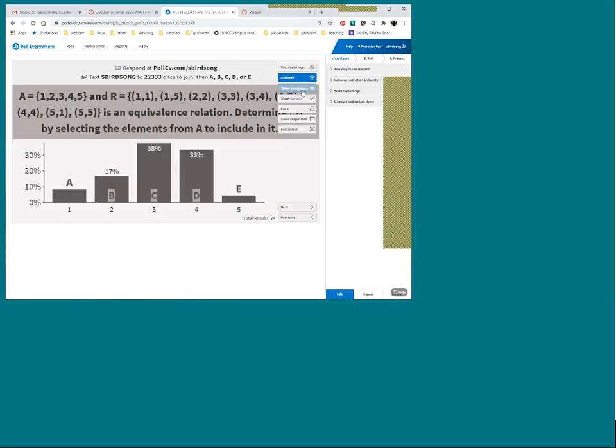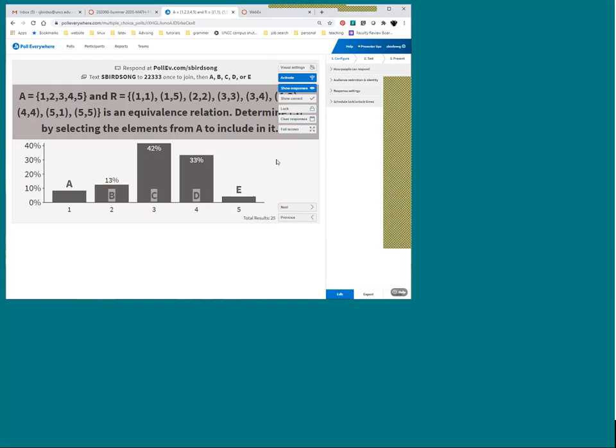So let us see what you guys thought. Ooh, all over the place. So it does look like here that there are some clear winners, and the clear winners that I see here are that you guys think 3 and 4 need to be a part of this equivalence class of, which you can't see in the shared screen, but should be a 3. Okay?